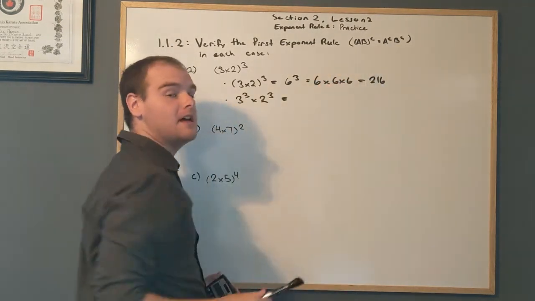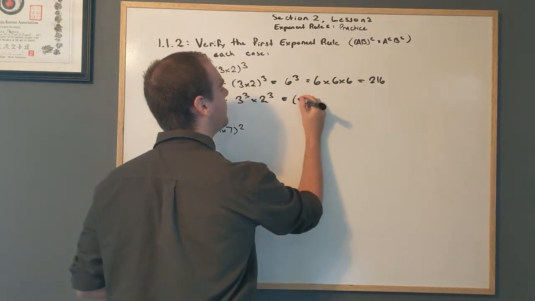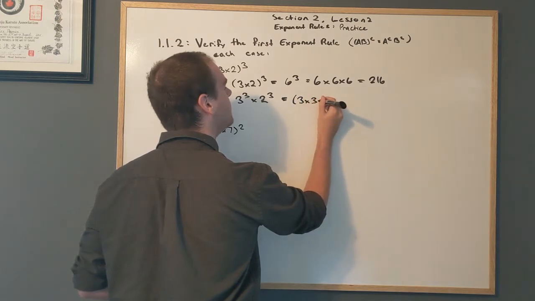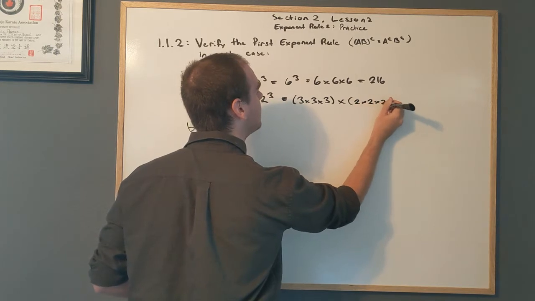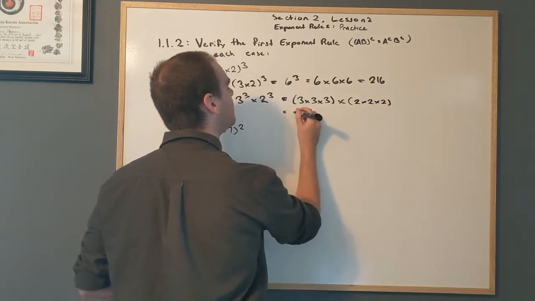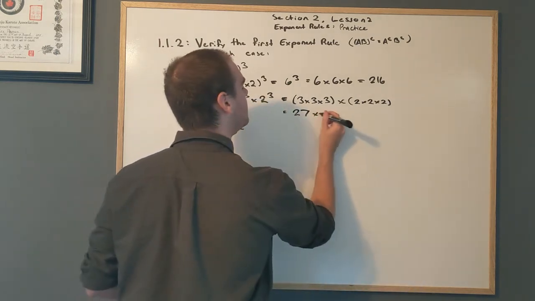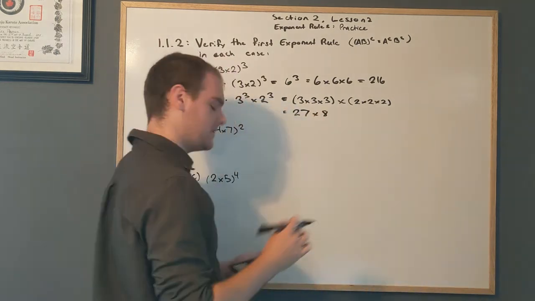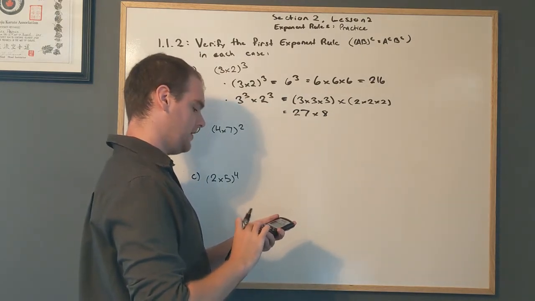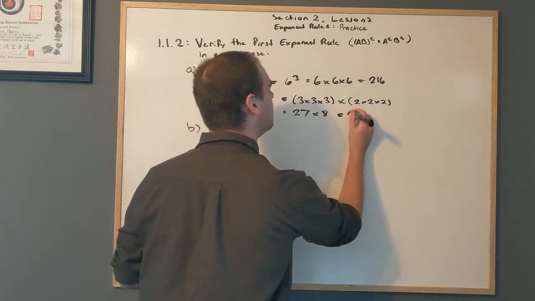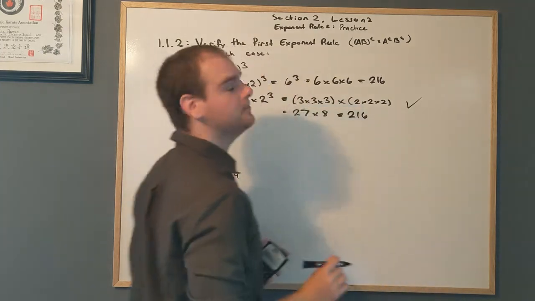Next, if you look at the right side and we evaluate these exponents separately, then we'll have 3 by 3 by 3 multiplied by 2 by 2 by 2. This guy here is 27. And that guy there is 8. We plug this into a calculator, and lo and behold, we get 216. Verified.